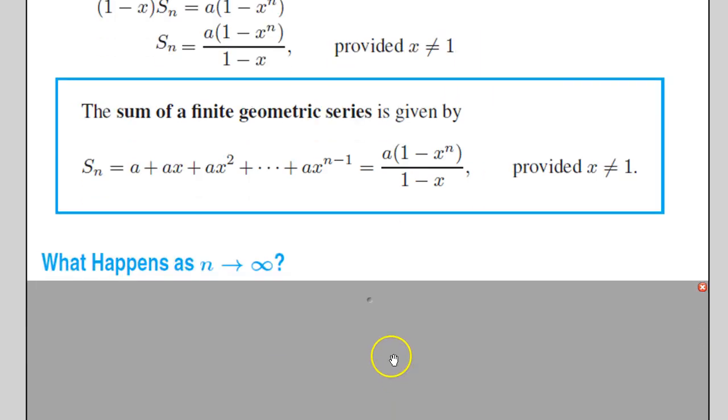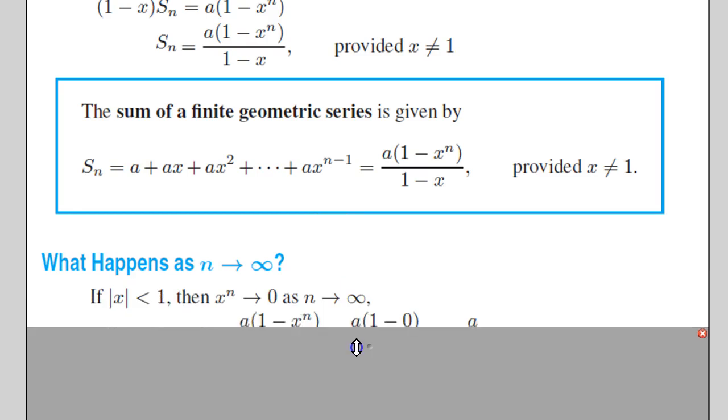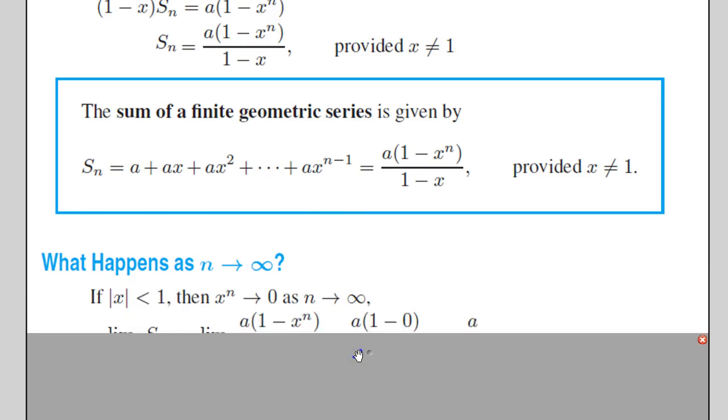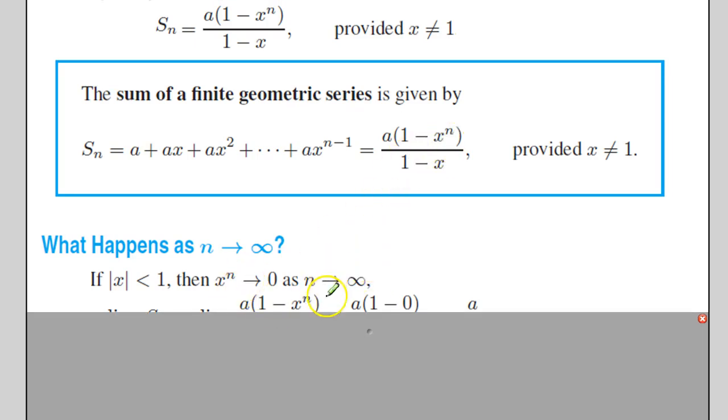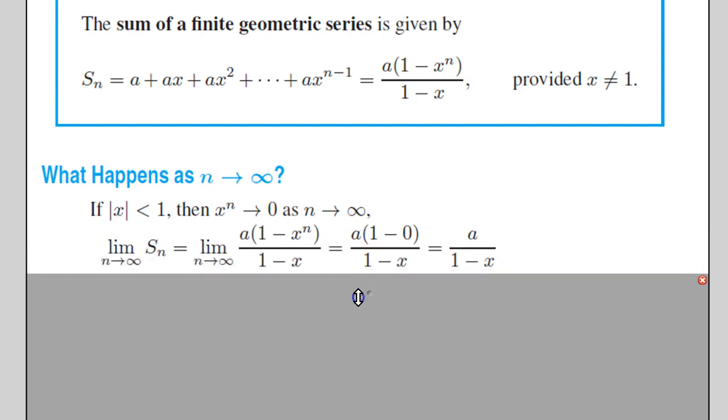Now, what happens as n goes to infinity? Well, it depends on what the common ratio is. If the absolute value of the common ratio is less than 1, then you're going to have x to the n go to 0 as n goes to infinity, and you're going to end up with this value as our converging sum.